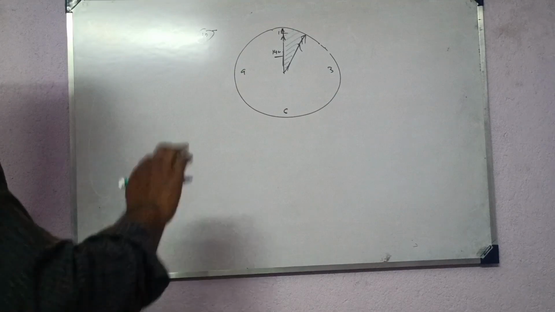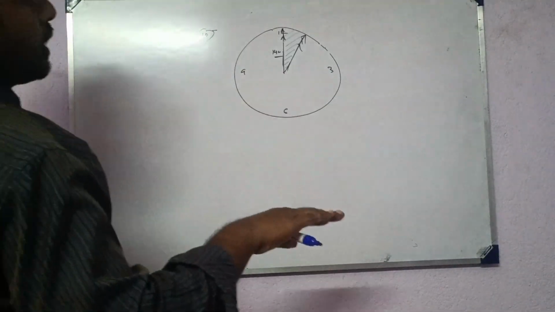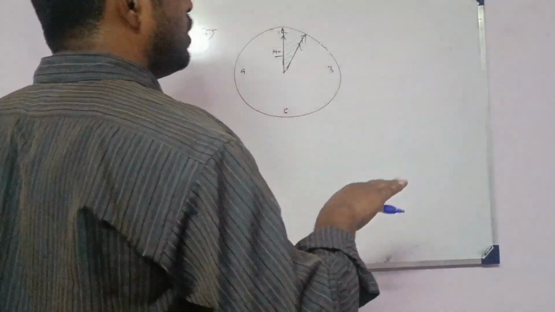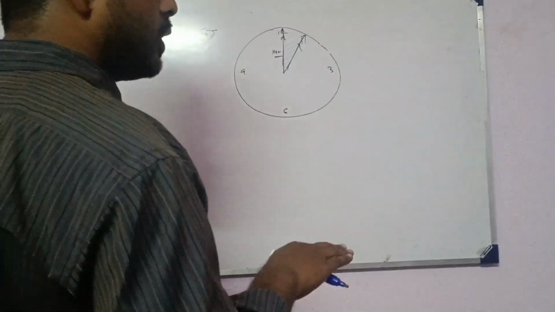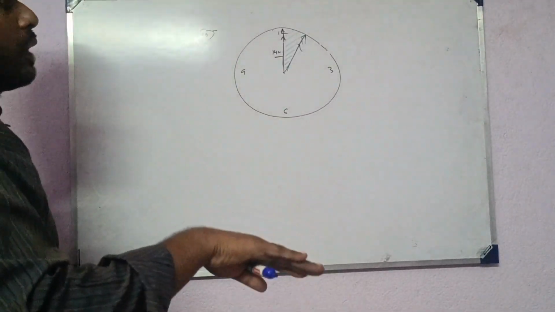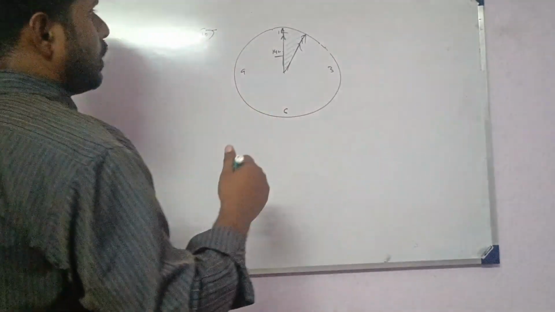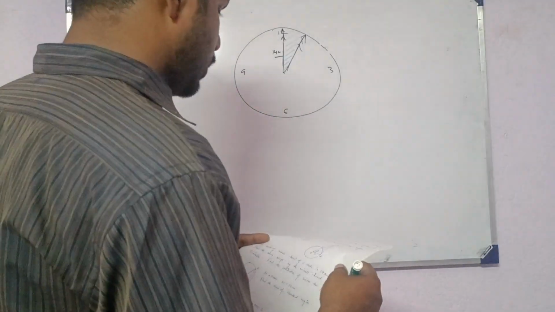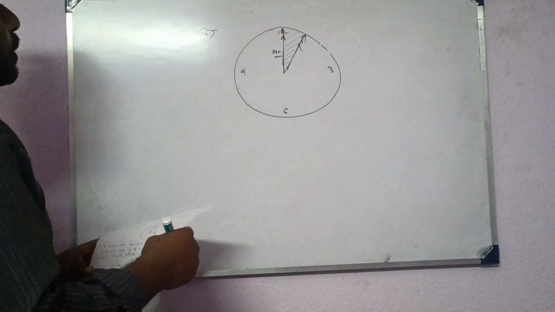Now, whether it goes from 12 to 1, or 1 to 2, or 2 to 3, it is generally covering 5 minutes, and you have to find the area swept by the minute hand in these 5 minutes.